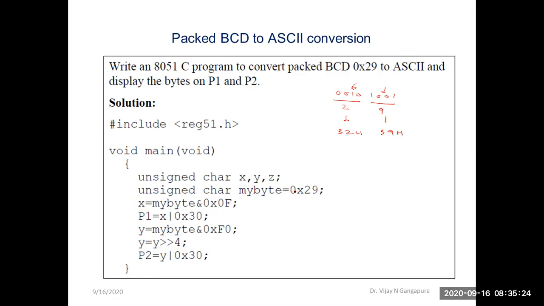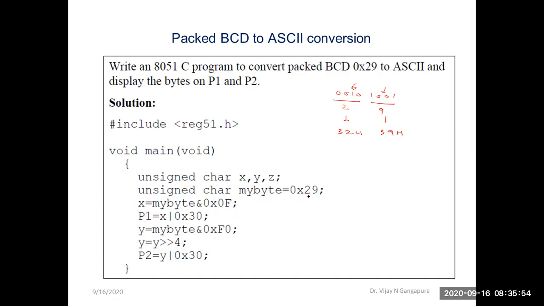Here I can also write a number directly. What is the difference between mybyte equal to 0x29 and mybyte equal to simply 29? If I write 0x29, it is a hexadecimal number, and if I write 29 it is a decimal number. That decimal number ultimately gets converted to binary and stored in mybyte internally.